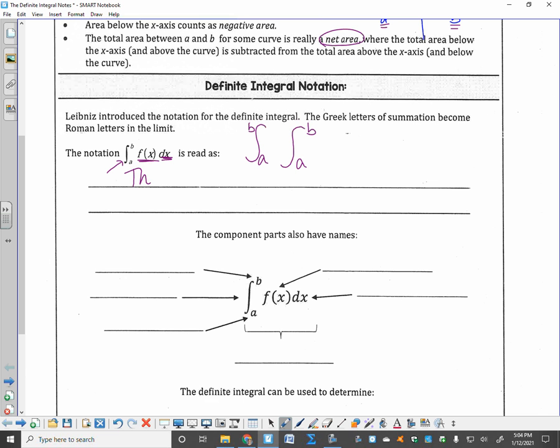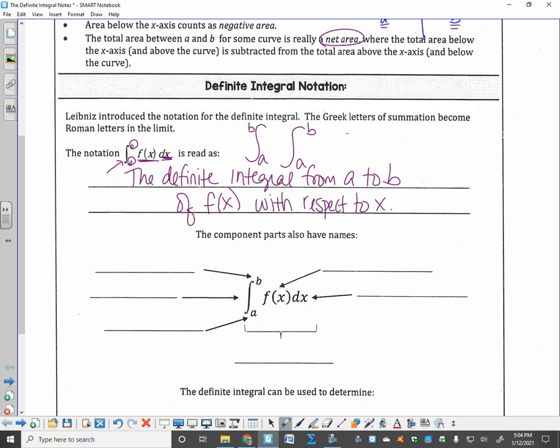This is how you read it. It is the definite integral from A to B, so this is your smaller number and this is your bigger number, left to right, from A to B of f of x, with respect to x because of the dx.